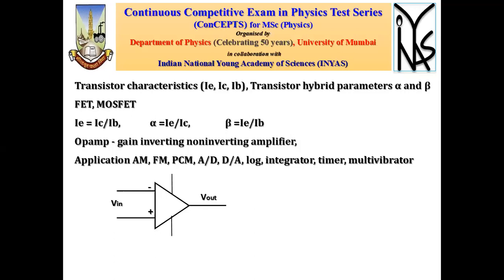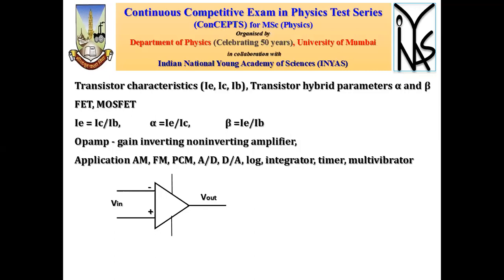So we require lots of practice to identify the circuit, and whenever we see a resistor network, Ohm's law or normal equations will work. When we have a capacitor and inductor where there is a frequency dependence, we have to first see whether an input signal is applied or a DC is applied, and then we start solving the problem.